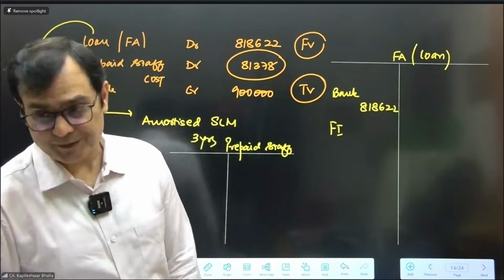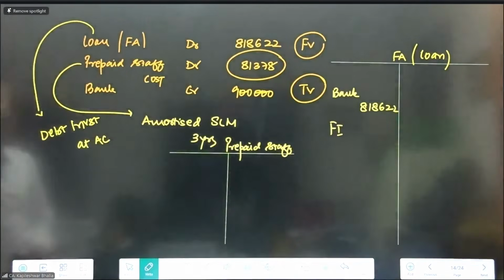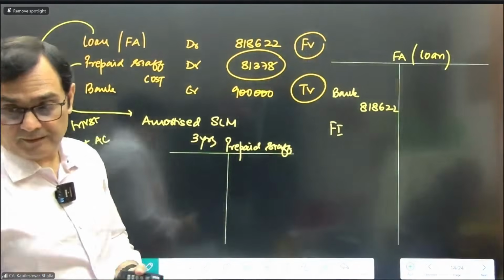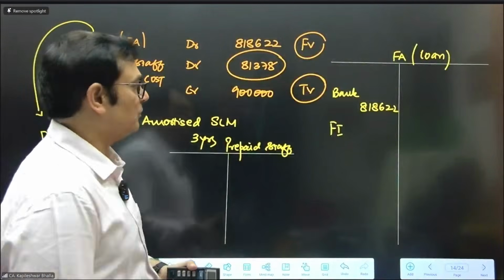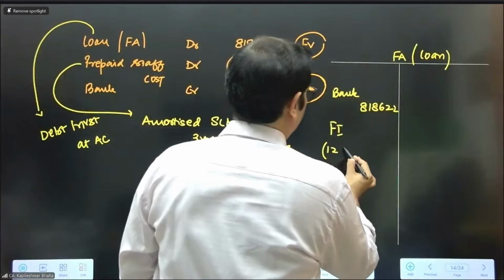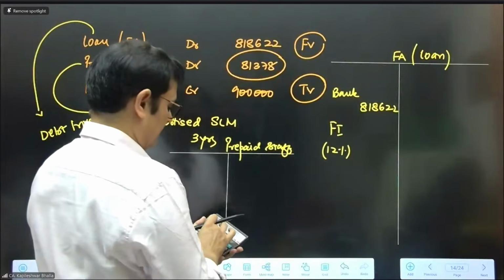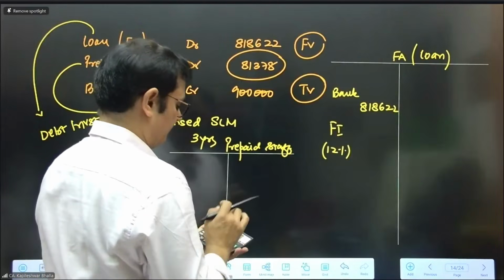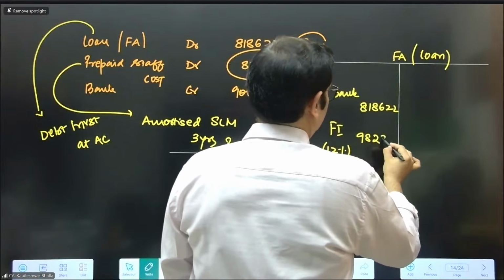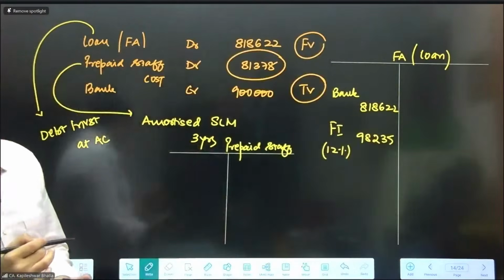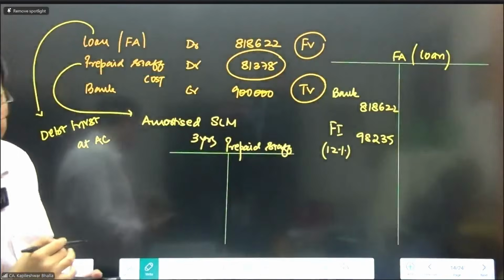Tell me at what rate. So it is a loan where the market rate is 12%. That's right. So we'll take a finance income at the rate of 12% on this. So 818,622. That's 98,235. So 98,235 is the finance income.